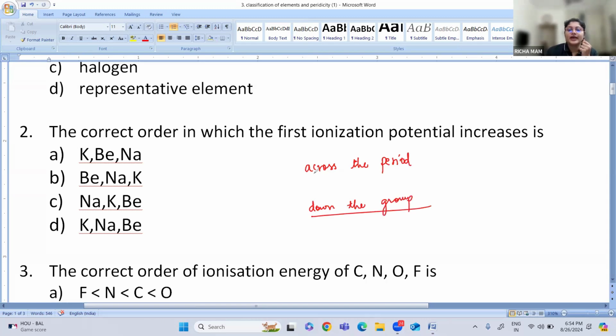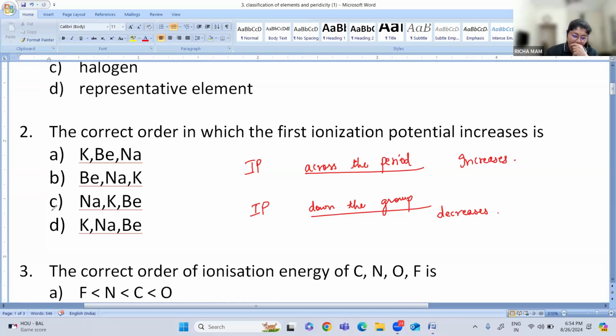Across the period, it will increase, and down the group, it will decrease. So this is the trend.